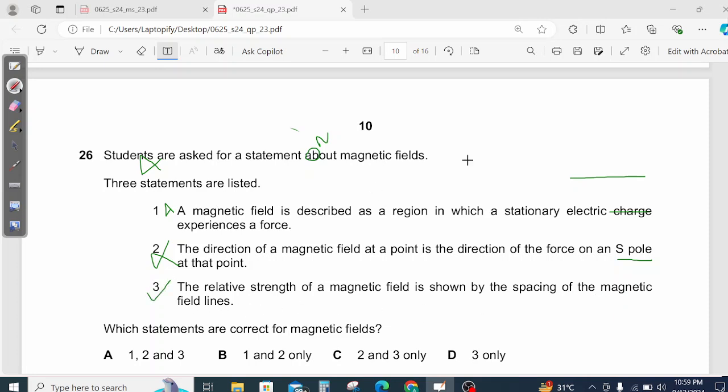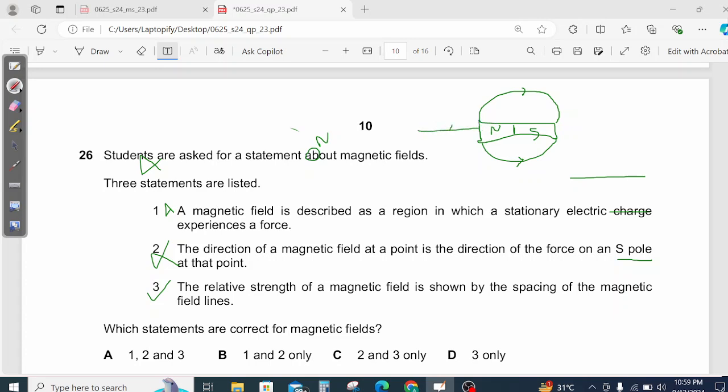This is correct, because if you draw magnetic field lines, suppose this is the north and this is the south pole. Then magnetic field lines are emitting out from the north and entering into the south. So magnetic field lines can be shown by lines, and the distance between the lines shows the strength.